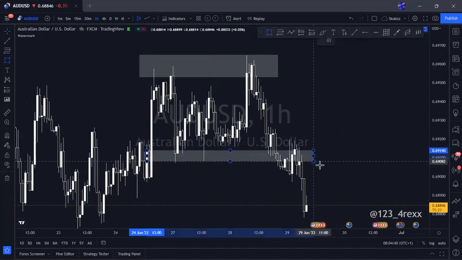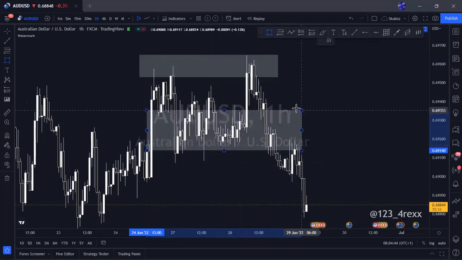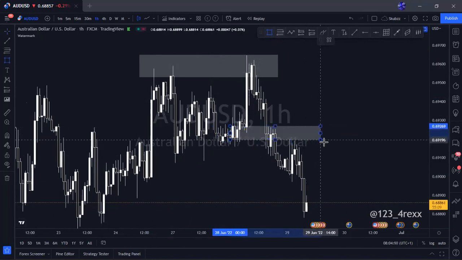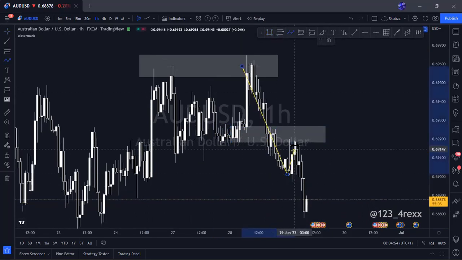Price has broken below. Price tapped into those areas at the top, came down, broke to the downside, and then retested it. This was a short retracement, around the 0.3 Fibonacci. Price taps inside and then has broken to the downside again.